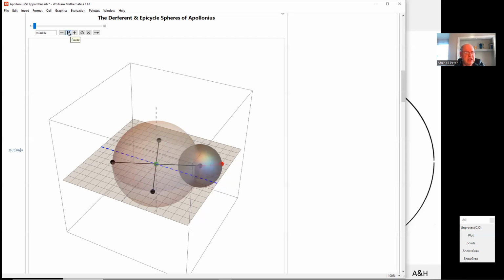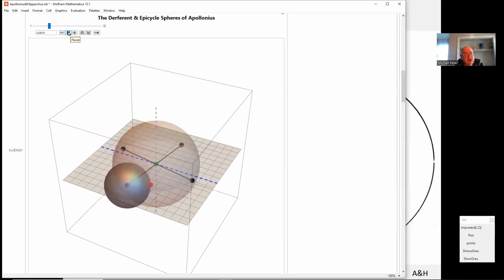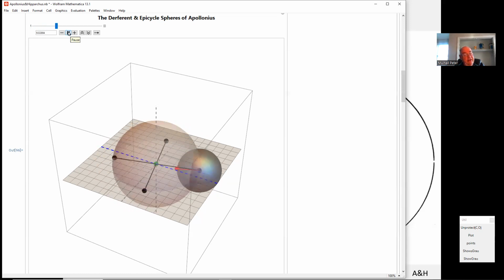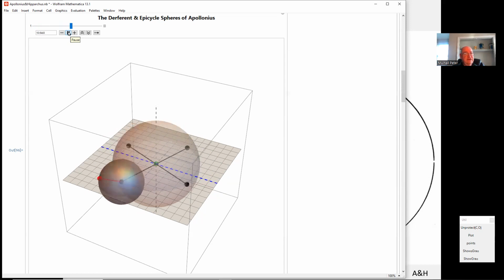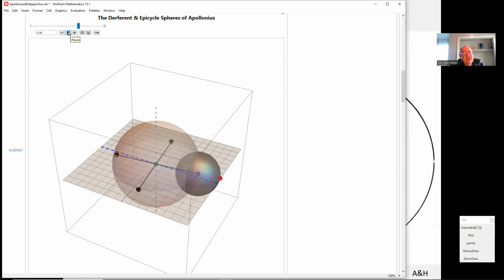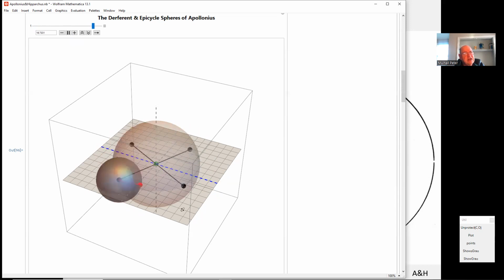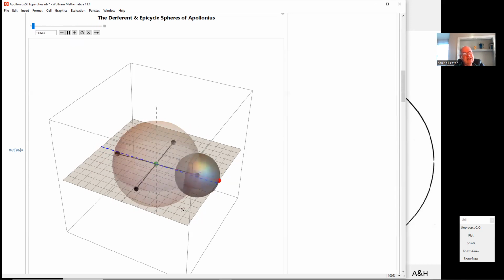This is the motion they're talking about, a three-dimensional motion. And they can play games with these spheres. They can tilt them a little bit, and therefore have the planets move sometimes above and sometimes below this plane, which is just what Ptolemy wants to do, because sometimes Mars is a bit above the ecliptic and sometimes a bit below.